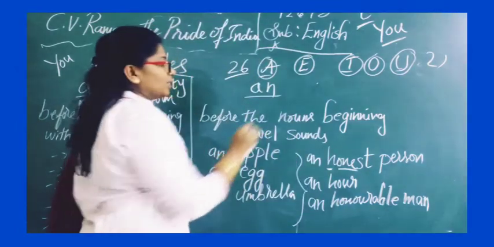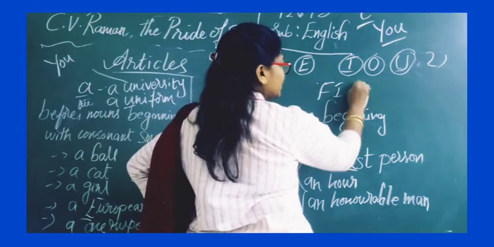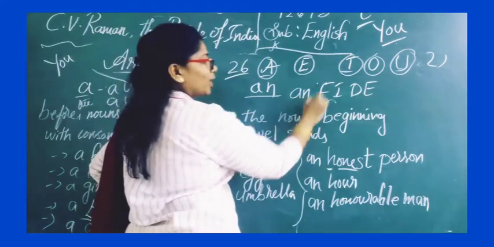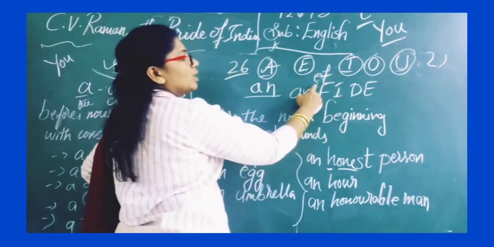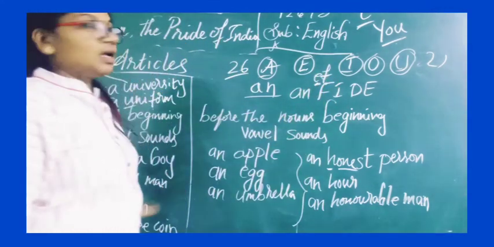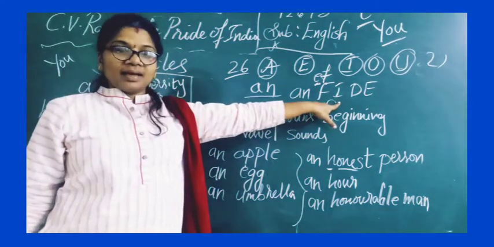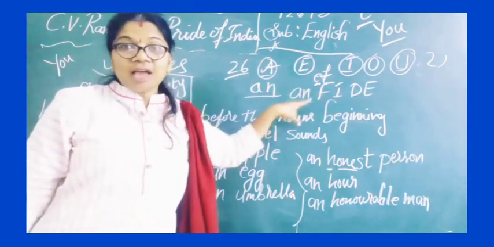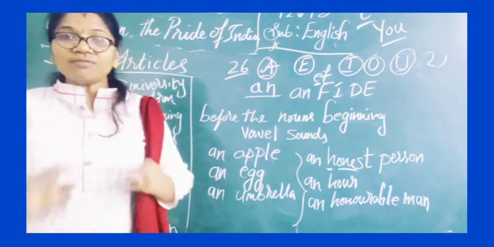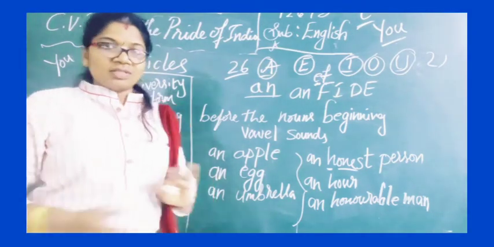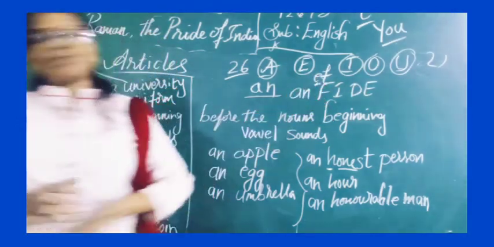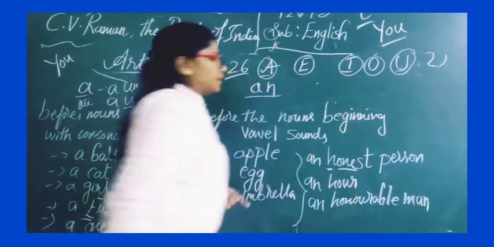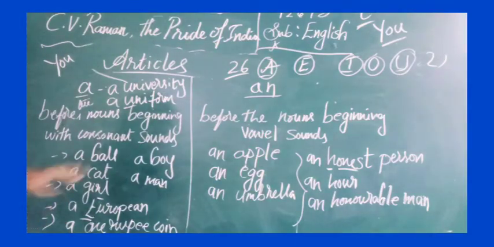If you use FIDE, that man said no, an FIDE member, and F begins with an E sound, vowel sound, and A sound. If you pronounce eff-eye-dee, then use an. If you say fide, don't use a. You should be very careful, so you should know about all this now.